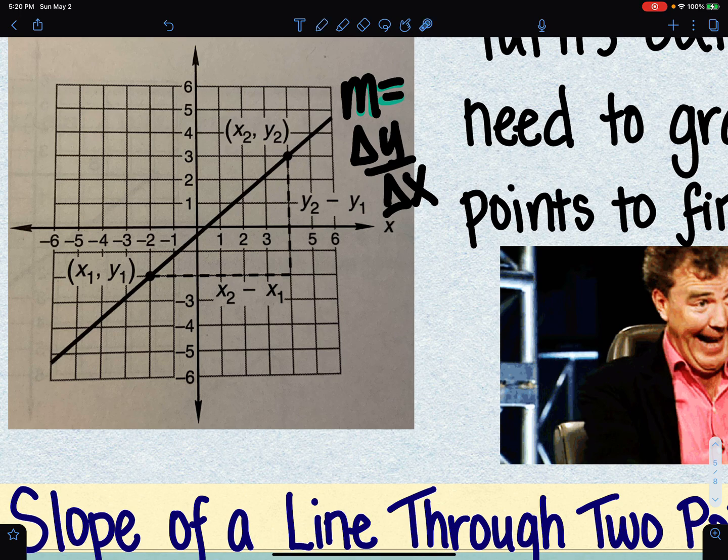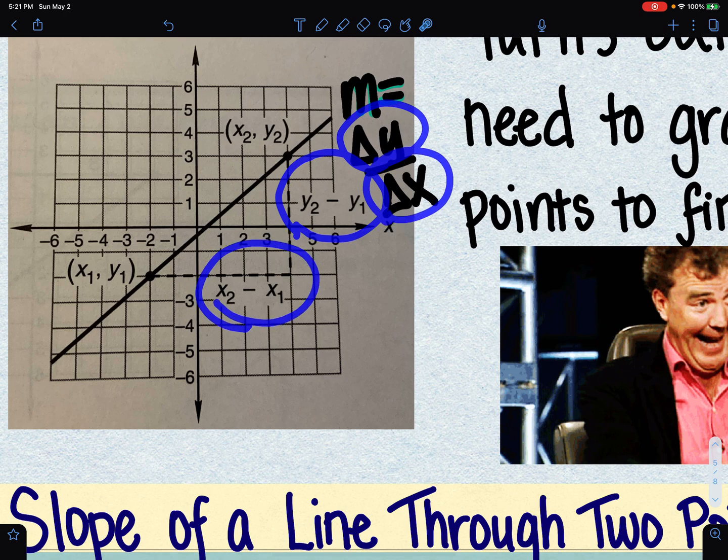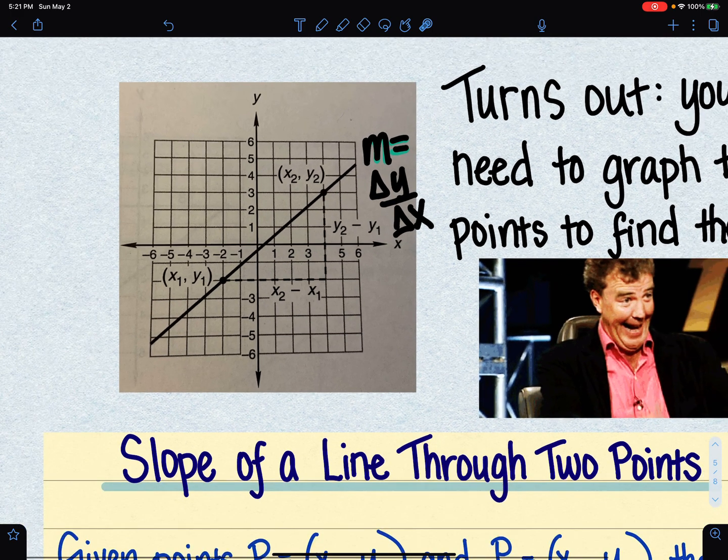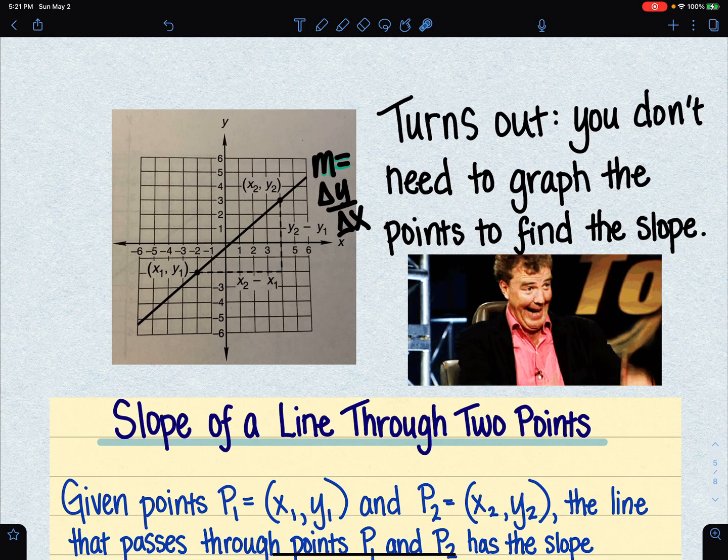So if they give you x and y, which they do when they give you the points, then all you have to do is the rise is going to be y2 minus y1. The run, rise over run, is going to be x2 minus x1. Okay? So don't get that confused because the y is going to go on top of your slope. The difference in x is going to go on the bottom part of your slope formula. But we can figure it out without graphing it.